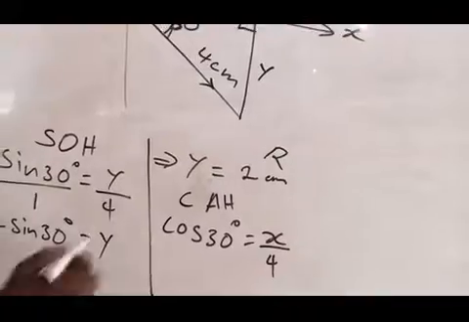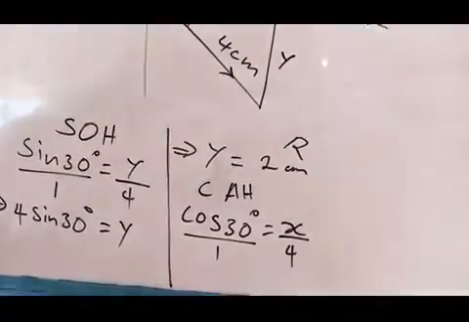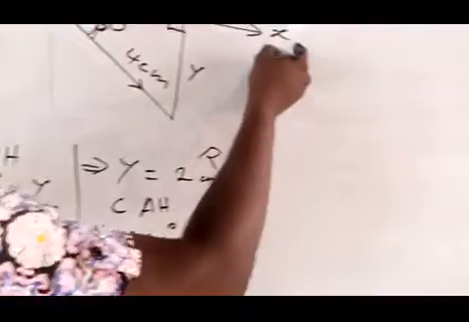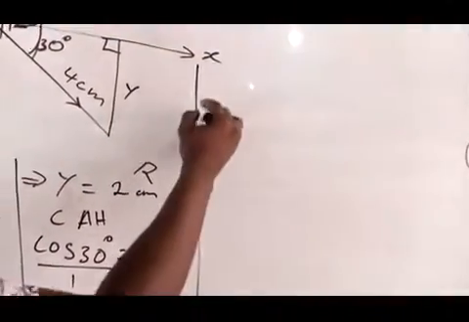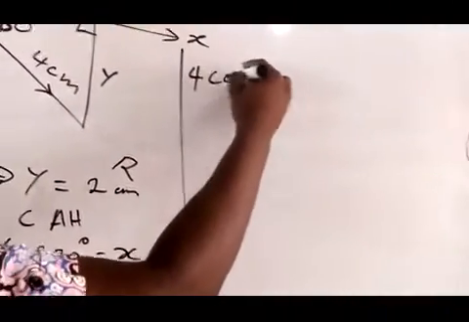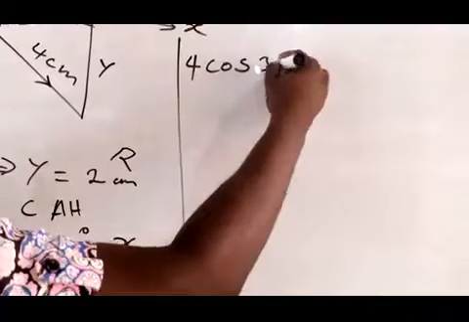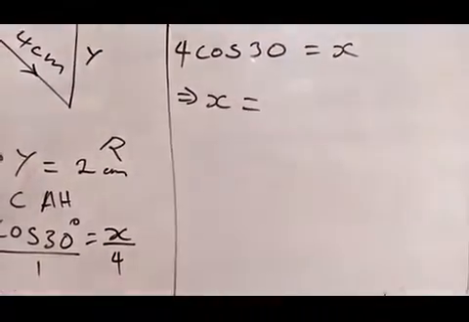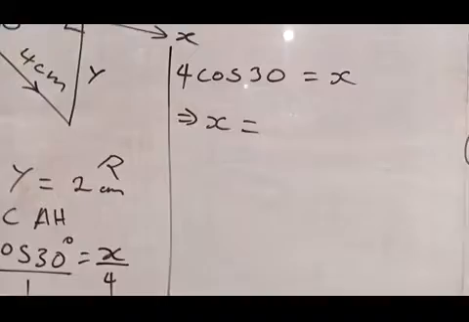Just as we did for this, we are going to cross multiply. So 4 cos 30 degrees is equal to x. This implies x is equal to 4 cos 30.